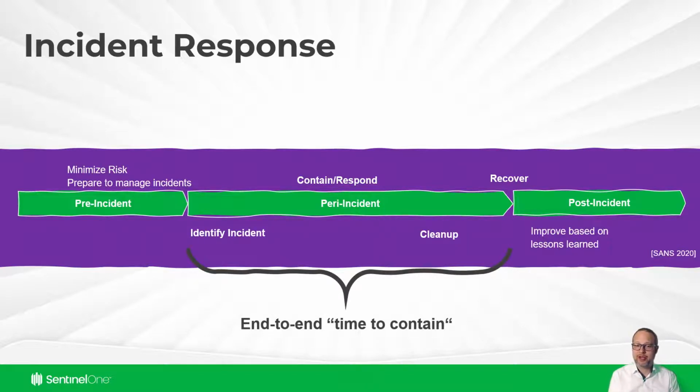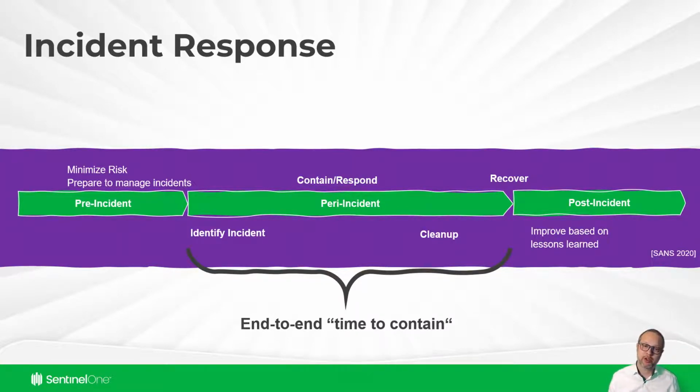And the end-to-end time to contain, that's the time from the incident occurring until you're done with the cleanup. And that's really a very critical metric in my eyes, because that is the one thing that basically determines what the impact is. If you stop it within the first few milliseconds of its occurrence, then the impact will be less than if you let it continue for 100 days.